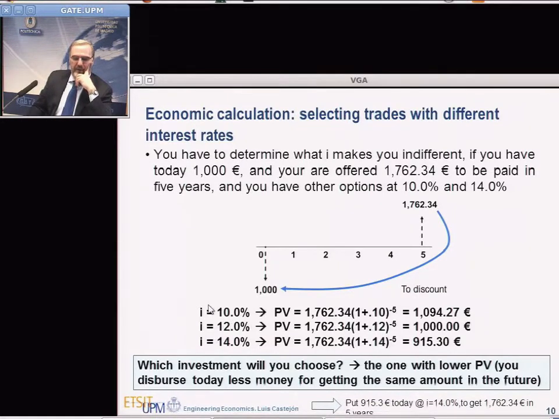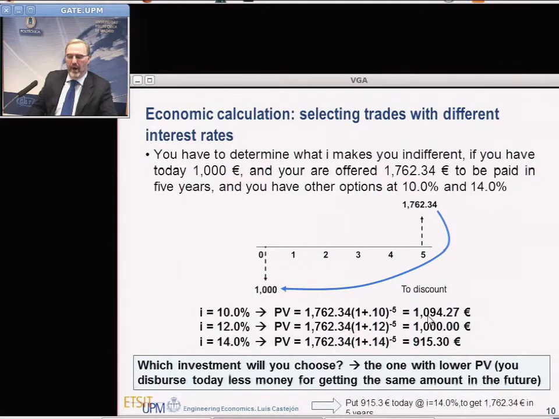If we are offered a 10% investment, what is the present value, the amount I have to deposit in my account, for having in the next 5 years at the end 1,762 euros, at 10%? How much money do I have to put in the bank today at that 10%? This is the present value.